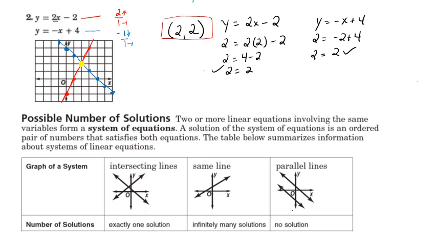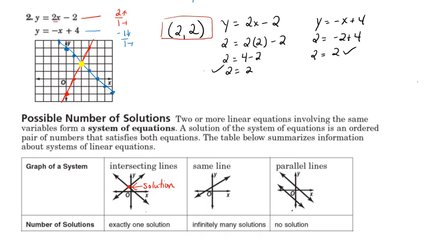If we look at a system of equations, you have 3 choices. The number of solutions depends on your lines. If you look at this table, it can be where they intersect. So right here would be my solution, the point where the lines intersect.